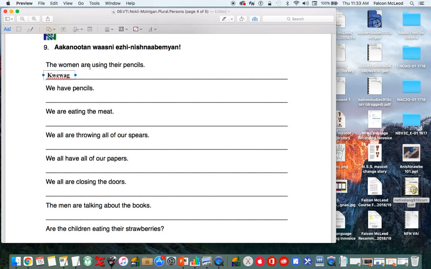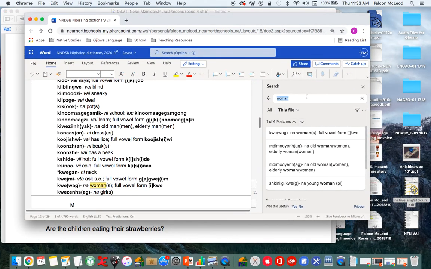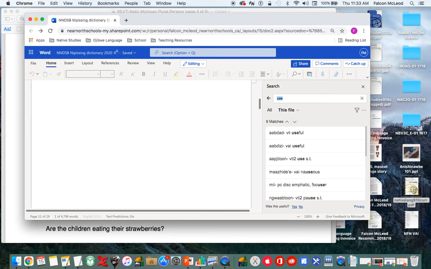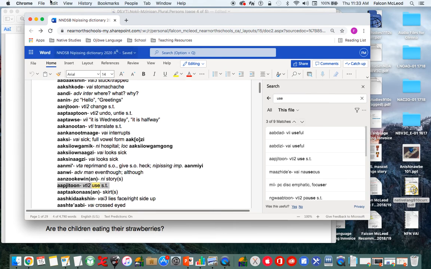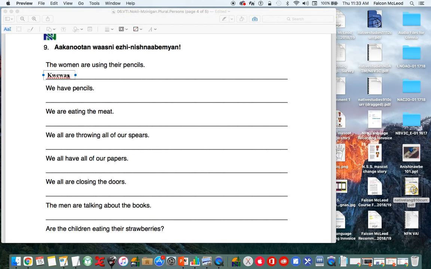And so the verb is they are using. So what's the verb for using? So we need to use something, and it's objetone. So this is a third person plural sentence, so we just need our third person plural suffix, wa.